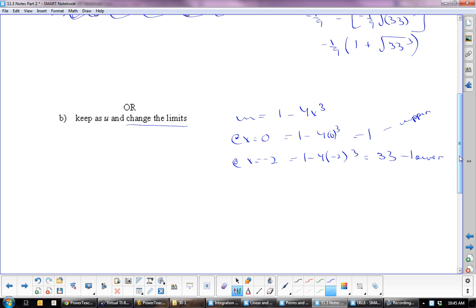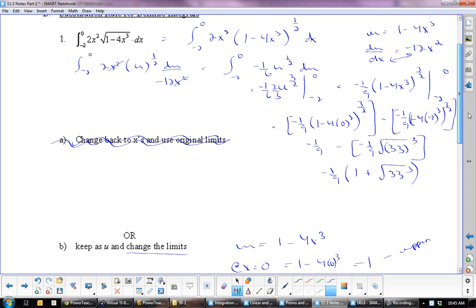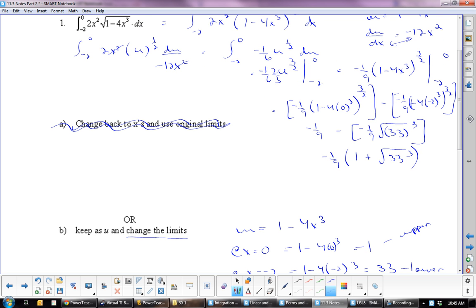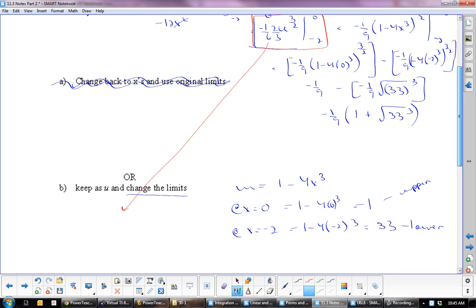And then you could see when we were at this stage here, we didn't actually multiply these together. But if you take this and you bring it down here, this would be negative 1/9 u to the 3 over 2. And all you do is you change your upper and lower limits to be 33 and 1. Okay?